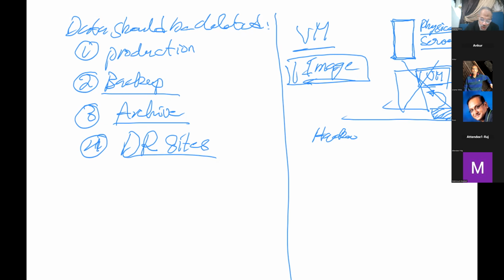This is not our target, but the machine can be infected online or physically or logically. But the point here is that the machine must be up and running. Can we infect a server if it's down? No. Physical server, if it's turned off, you cannot infect it. But in a VM, you can infect it.